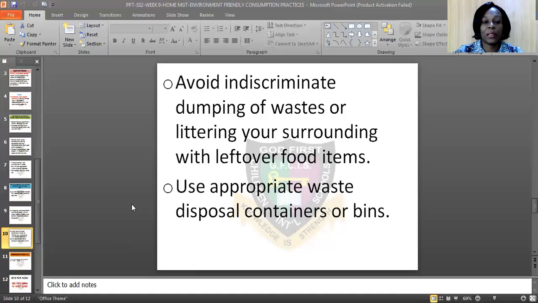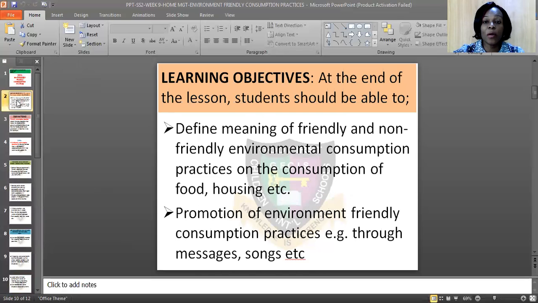Okay, now I want to bring this lesson to the end. But before then, I want to quickly go back to the learning objective of this topic, which says that at the end of this lesson, you will be able to define friendly and unfriendly environmental consumption practices on the consumption of goods and housing.